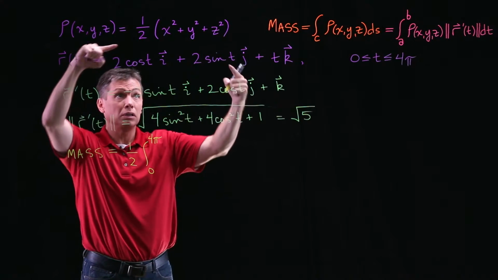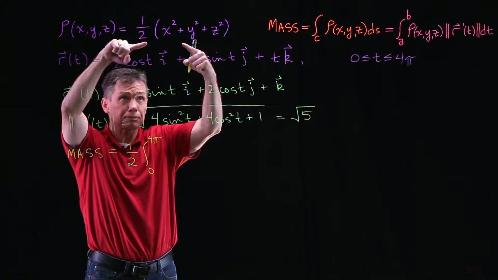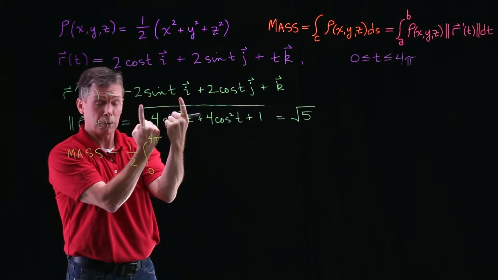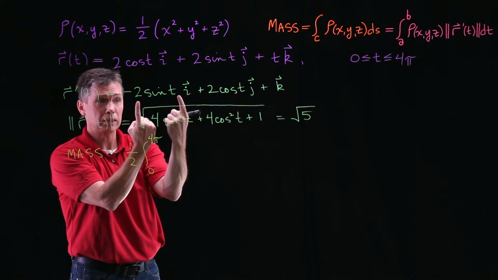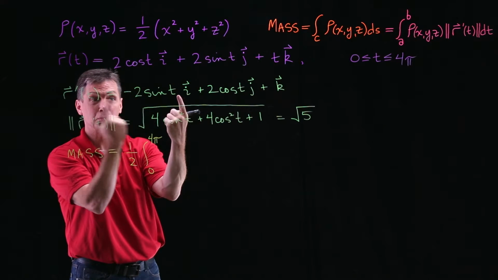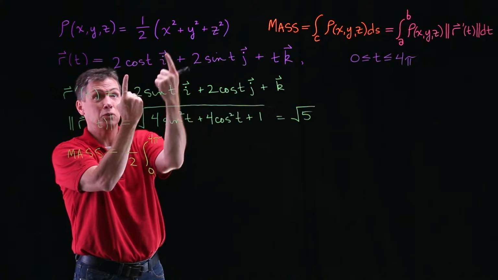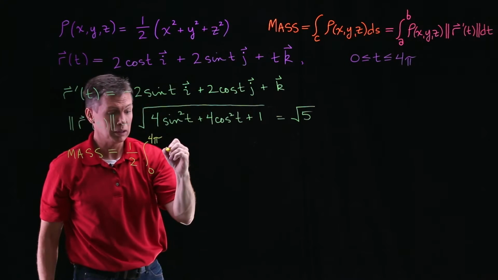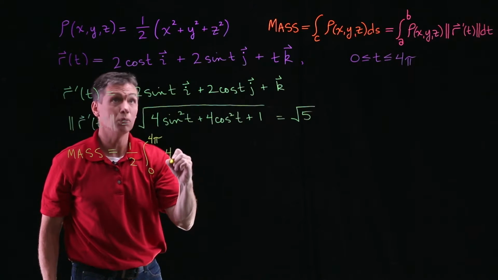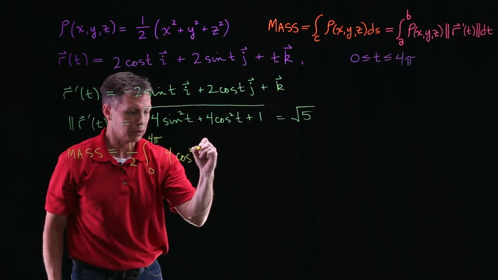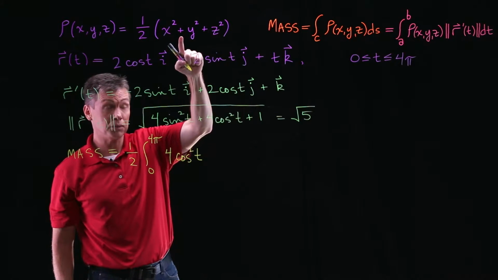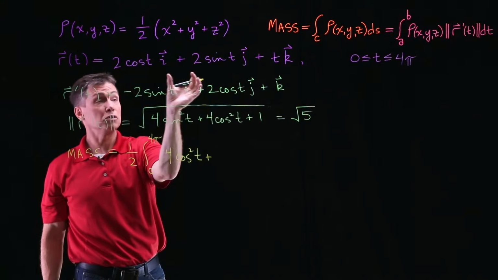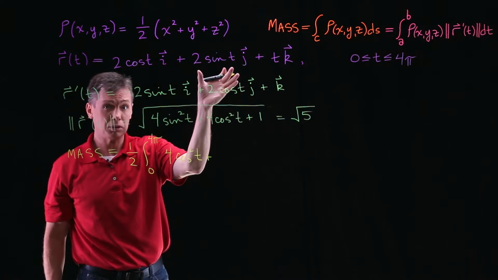Then in order to actually utilize this rho function, the first part is x squared, and x refers to the first component of your r vector. Not the minus 2, that's r prime, my green. Let me slip up to purple. For x squared, you want to look at the first component of your r vector. So 2 cosine of t, I've got to square that and get 4 cosine squared of t. Then a plus, because that's what's in your density function, plus y squared, which looks to the second component of your r vector.